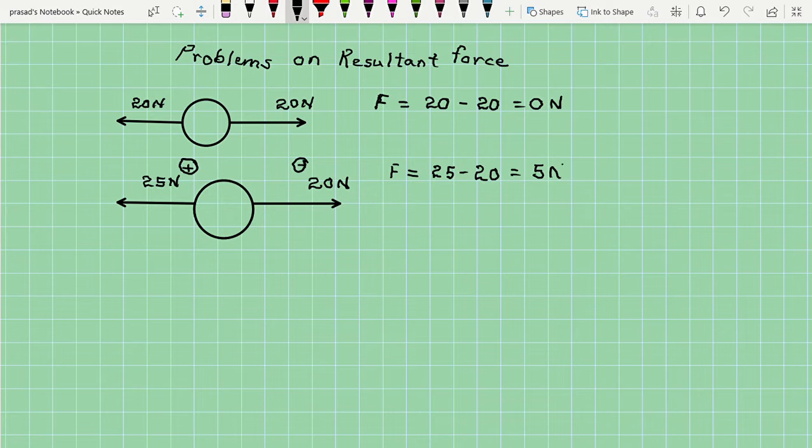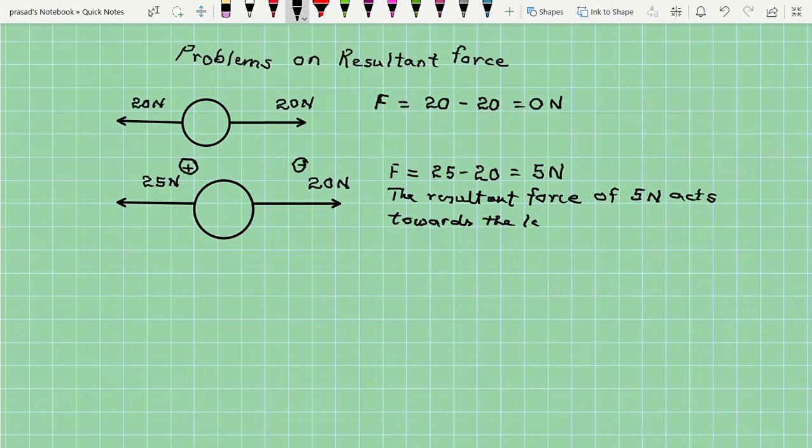So in this case, the forces are unbalanced, so the resultant force of 5 Newton acts towards left.